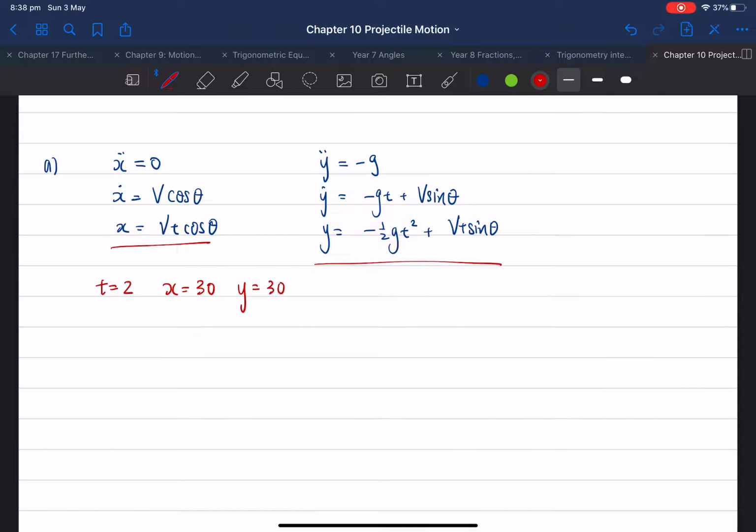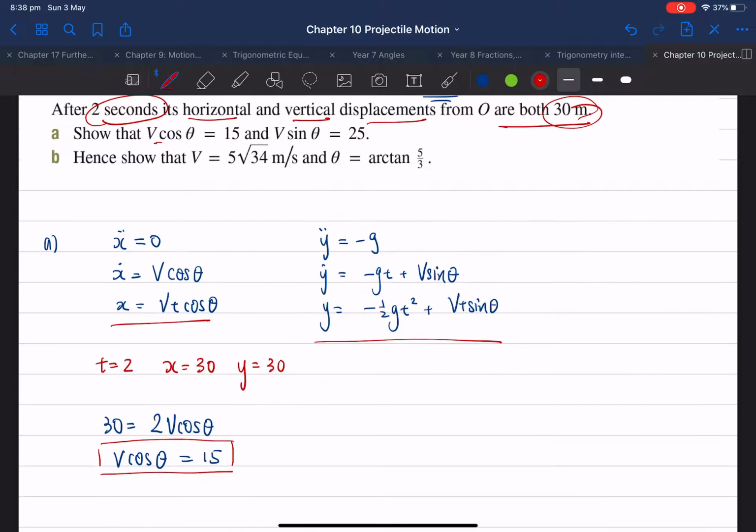So let's do that. Substitute t equals 2 for the first one. We're getting 30 equals 2v cos theta. So v cos theta equals 15. Pretty sure that is what we need to prove. Yes, that's correct. So we are on the right track.